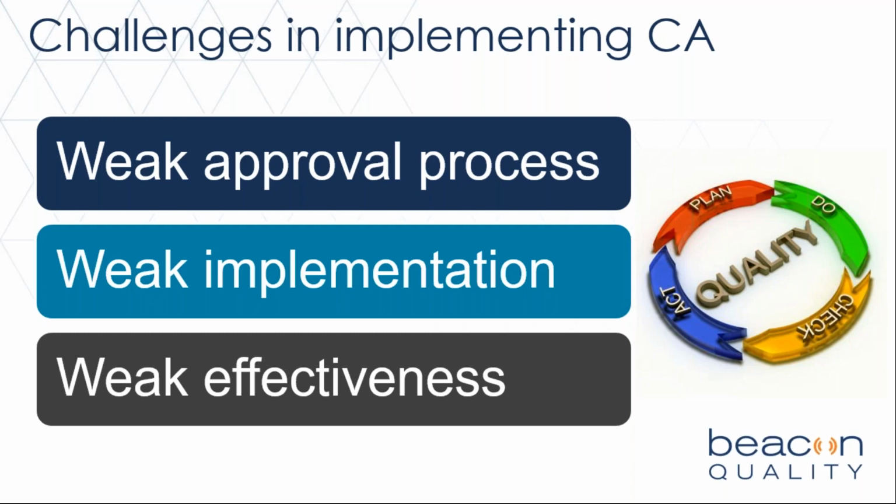Many times I've seen very good corrective actions written on paper, but when it's verified on the floor, or when you go check it out at suppliers, it is a weak implementation. One example would be that in a corrective action, they say all shifts have been trained and all equipment has been changed.